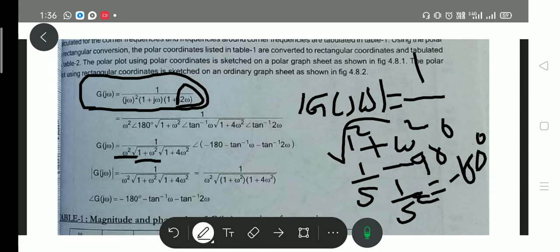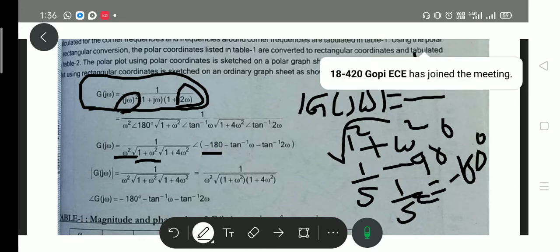Here the term is s square, so 1 by s square, and I am taking minus 180 degrees in phase.